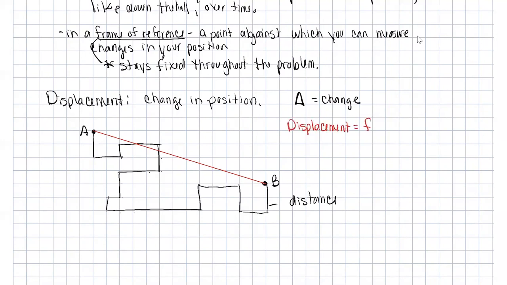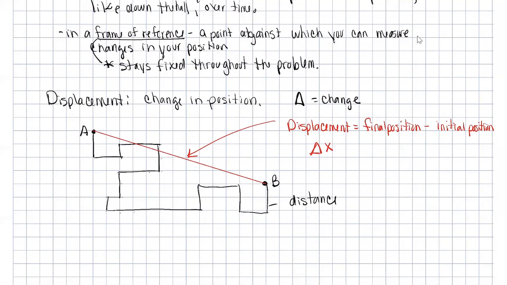So it's going to be the final position minus initial position. And we would show that as displacement is going to be delta x.